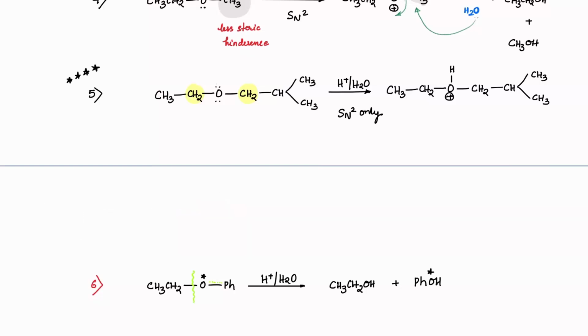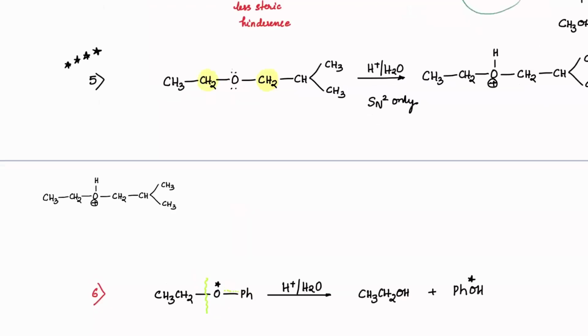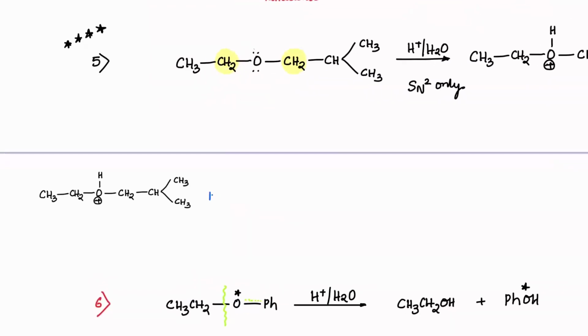Once you get this here, you notice that H2O will first think which is the less substituted side. Since this is the less substituted side, the attack would happen here. The bond will break on this end, and you will start getting the product as CH3CH2OH plus this one with the OH here.